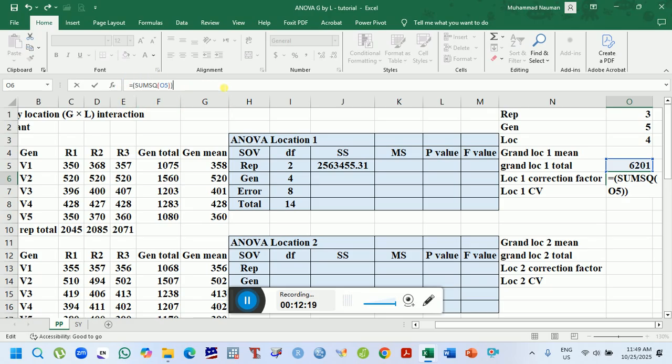Now divide by total number of observations, divide by replication multiply by genotype. Close this in one bracket, replication and genotype, and we have selected the replication and genotype, so we will fix these references by placing the dollar sign.